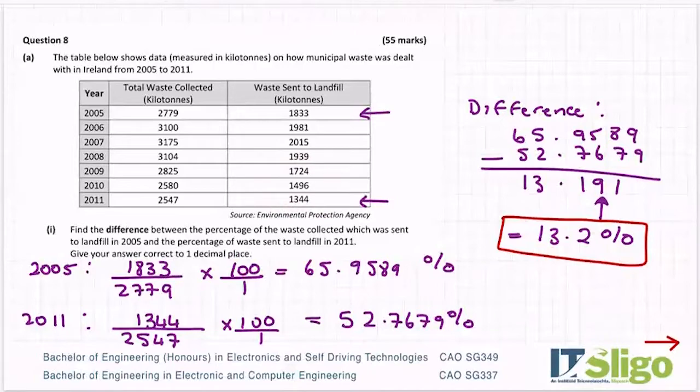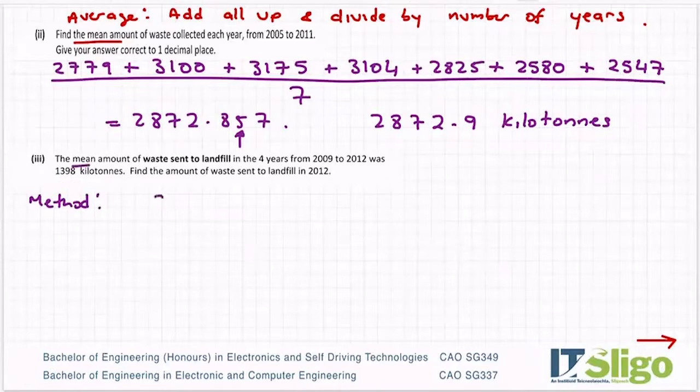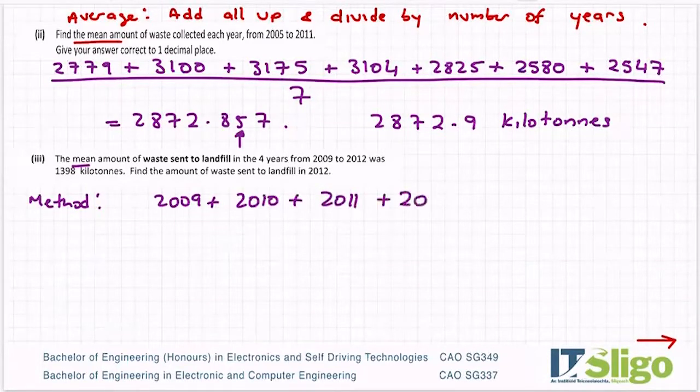We don't know what was sent in 2012, but we do know what the average ended up being. The method to get a mean is to add 2009 with 2010, with 2011, with 2012, and divide by 4 because you've got 4 data points. And it's telling you that the answer is 1398.